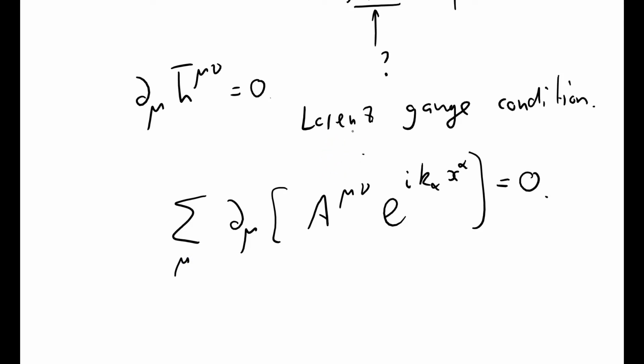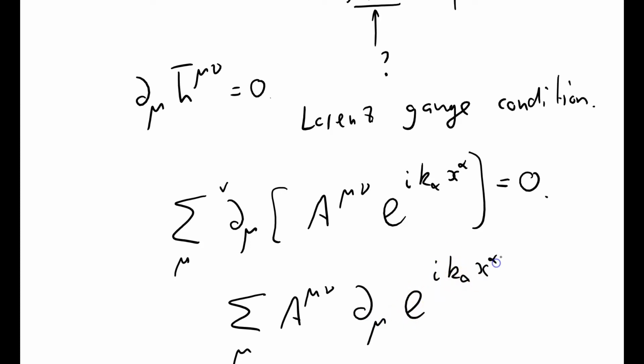Because the A matrix is constant, it commutes past the differential. Of course, I can't take it all the way outside. It doesn't go past the summation because there's a μ in it. So it's the sum over μ of A^μν ∂_μ e^(i k_α x^α), and that equals 0.